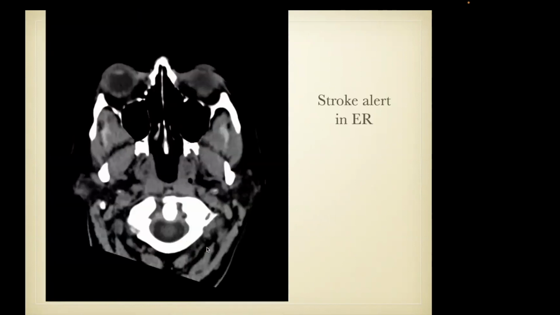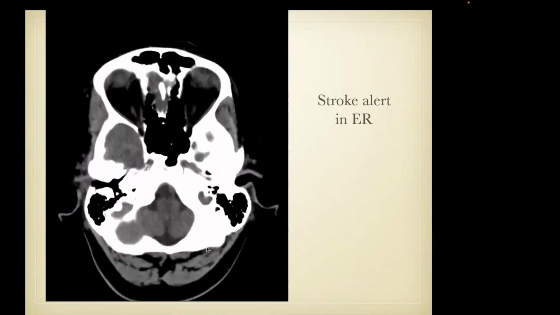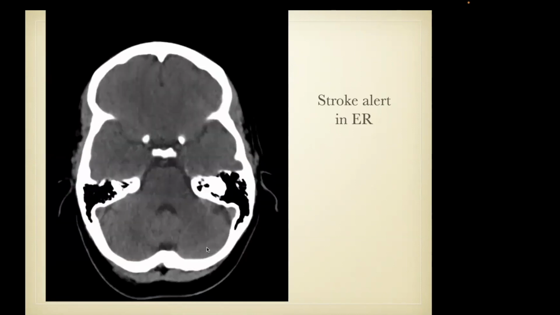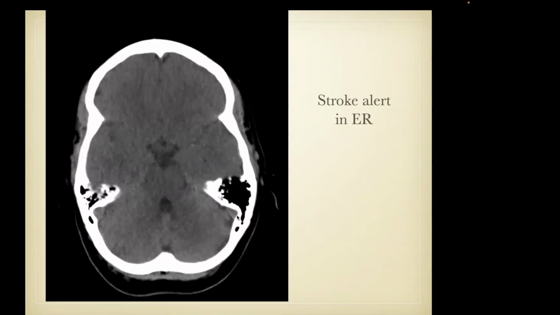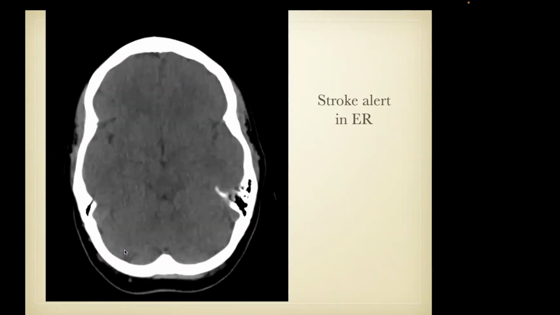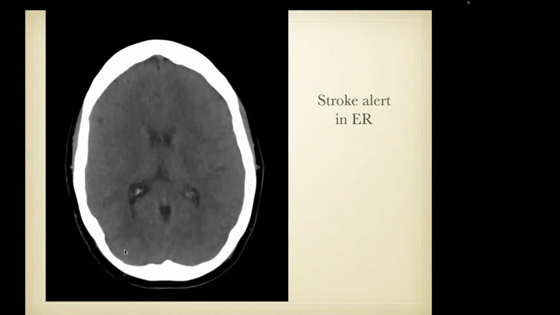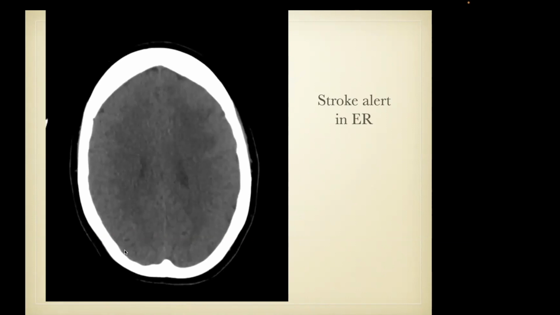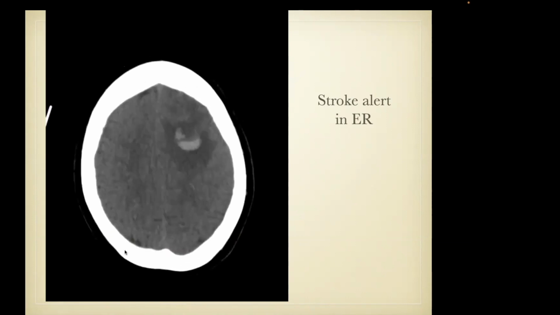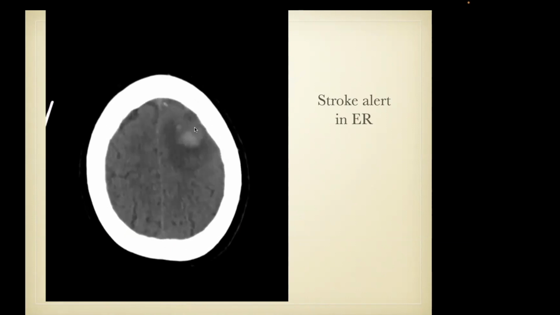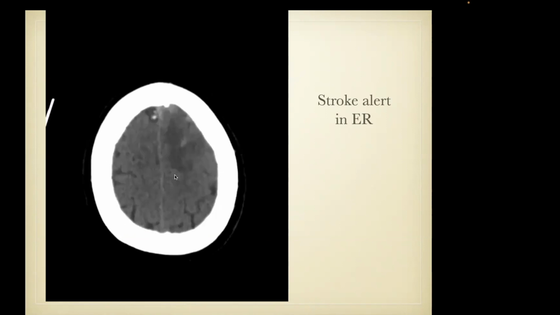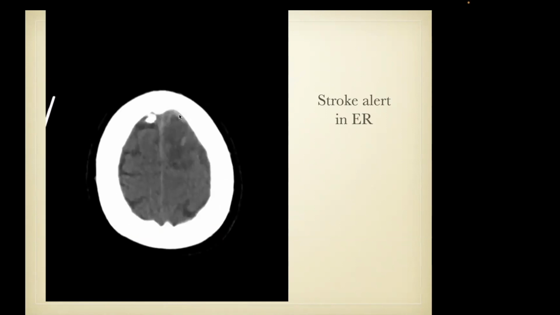This was a patient who came in, a stroke alert with acute onset of symptoms. And here, as we look through the scan, it looks like a normal transverse sinus, only slightly denser than the brain. And as we get more cephalad, now you see the patient has edema and parenchymal blood and high attenuation in the cortical vein here.